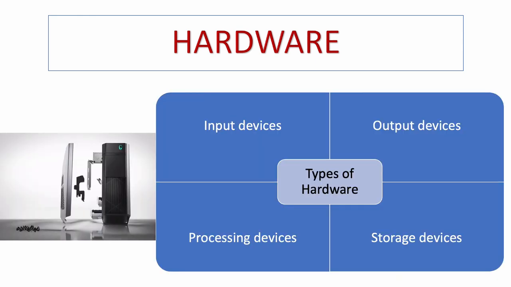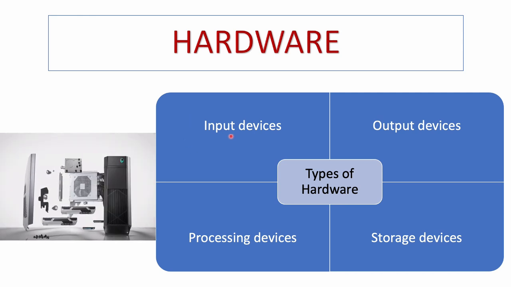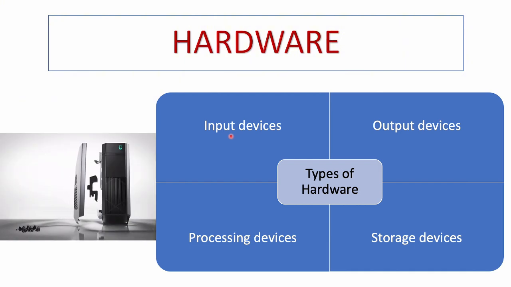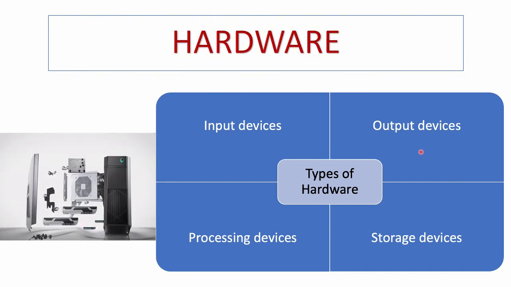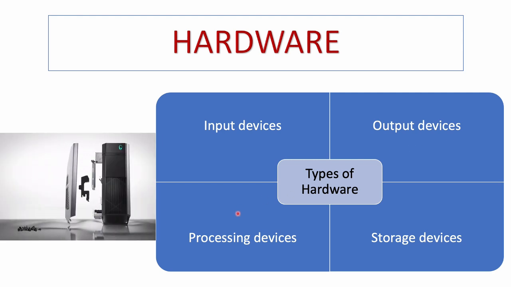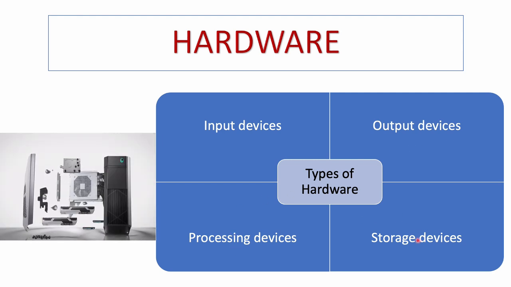Hardware is divided into four major types: input devices, which allow data entry, like a keyboard for example; output devices, which are assigned for data display; processing devices like the CPU; and storage devices for keeping data.